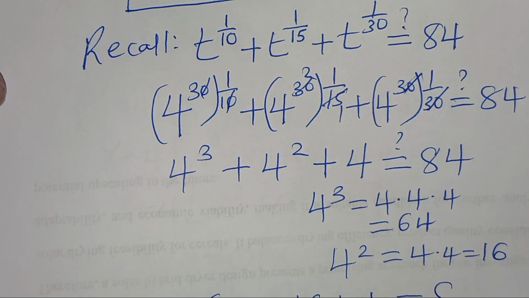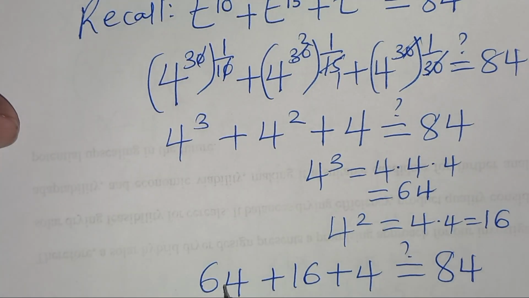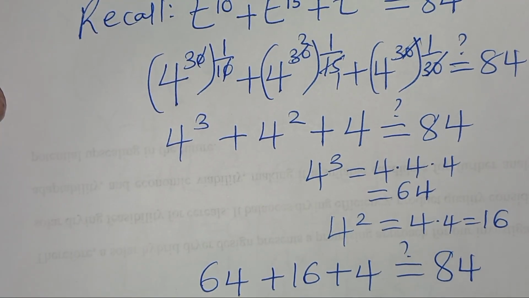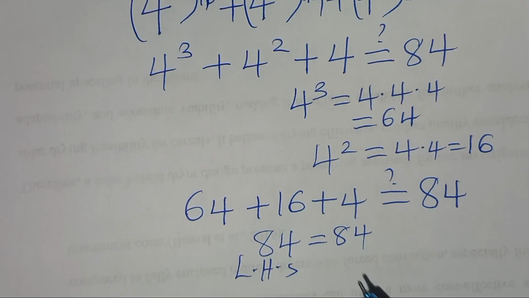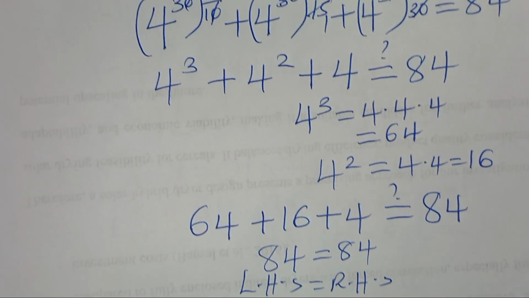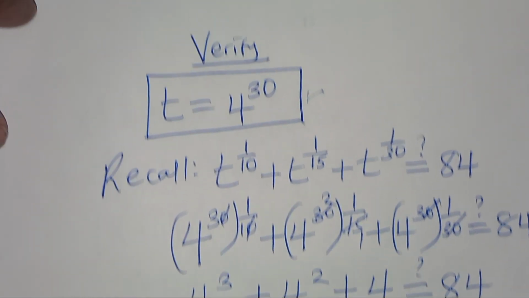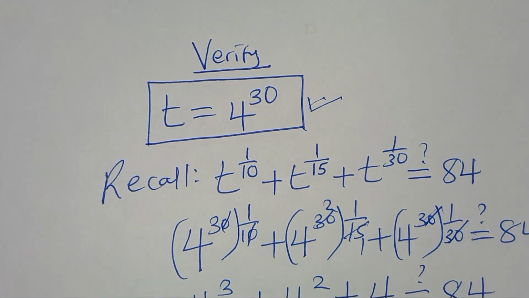This is supposed to give us a value of 84. 64 plus 16, this is 80, plus 4, this is 84. So this implies that the left hand side is equal to the right hand side. And this implies that the value of t, which is 4 to the power 30, satisfies the equation.